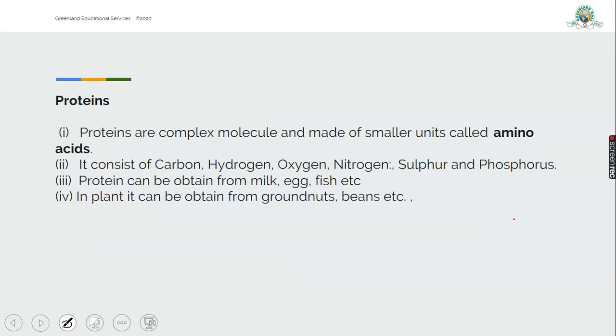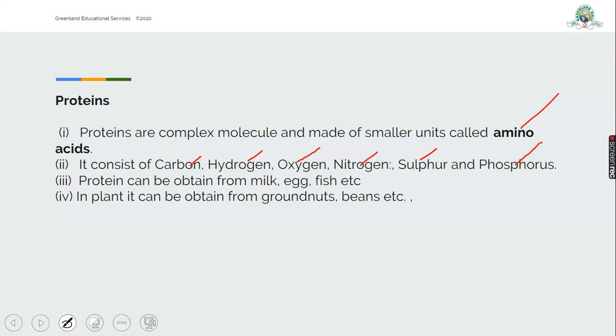Protein, the second major class of food. They are complex molecules and are made up of units called amino acids. Protein is made up of carbon compounds, hydrogen, oxygen, nitrogen, sulfur, and phosphorus.